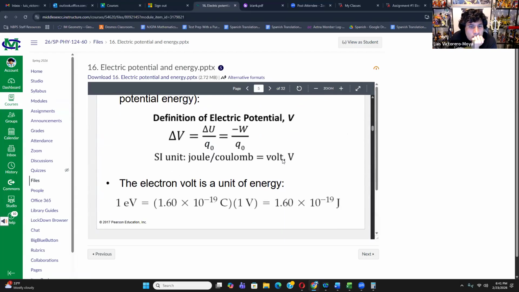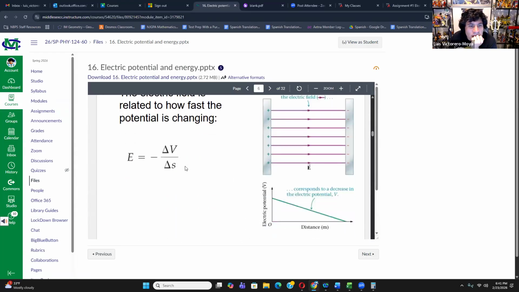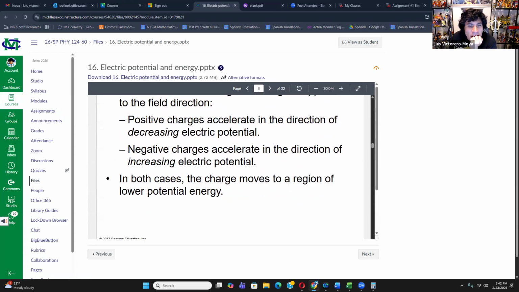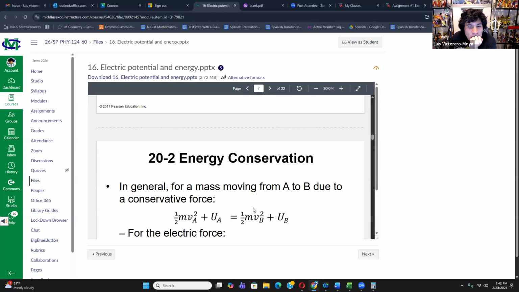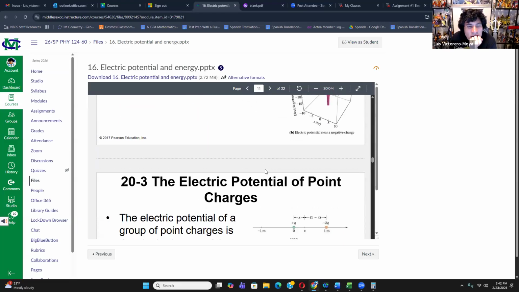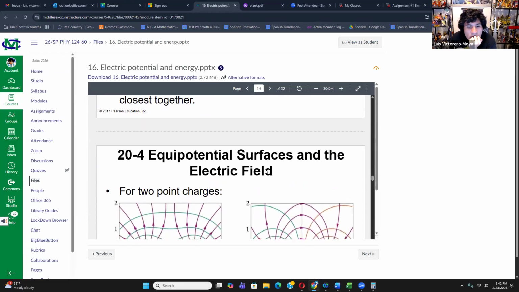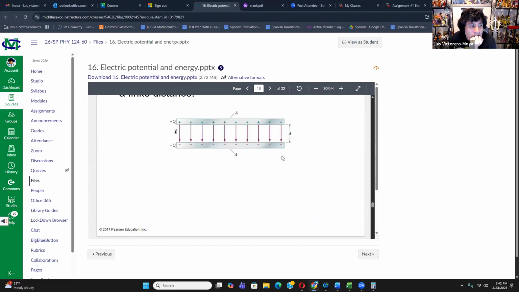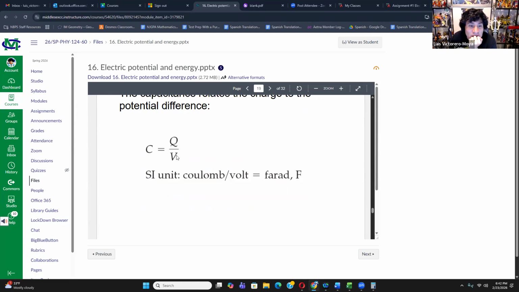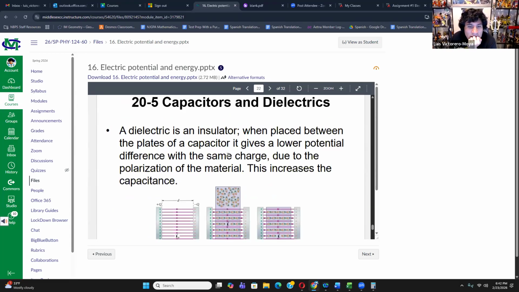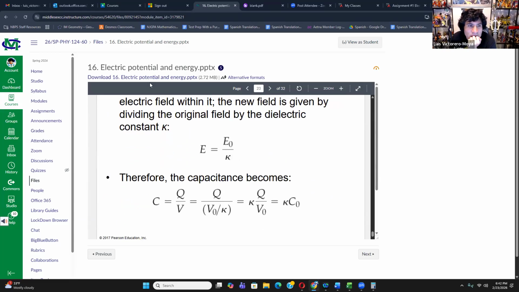So E equals V over D, U equals QV, energy conservation, remember we did it here, electric potential for a point charge, parallel plate capacitor. C equals Q over V, capacitance for a parallel plate capacitor, dielectric, so it's all here, chapter 16.